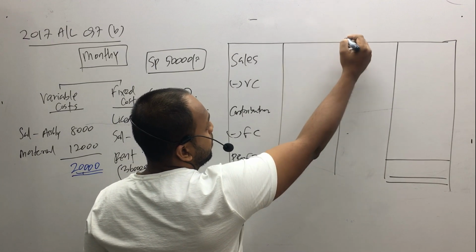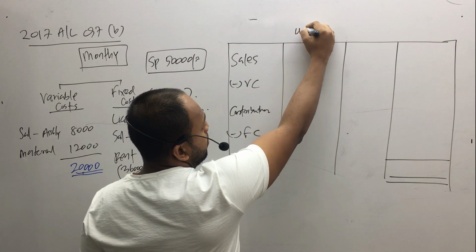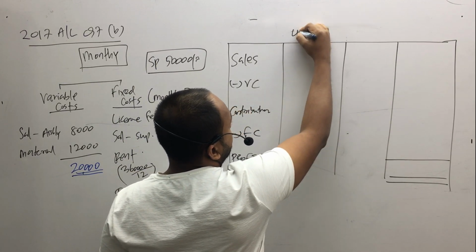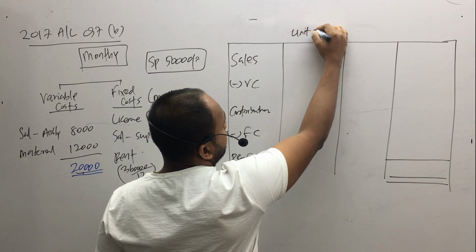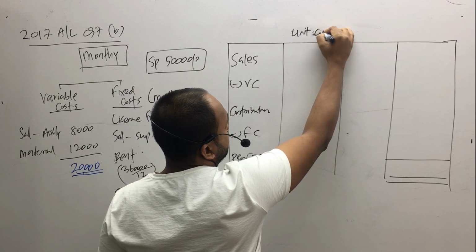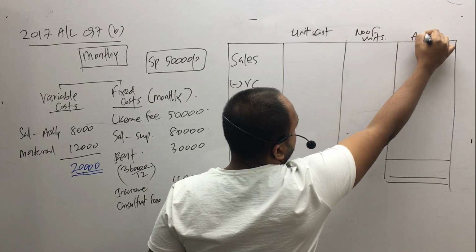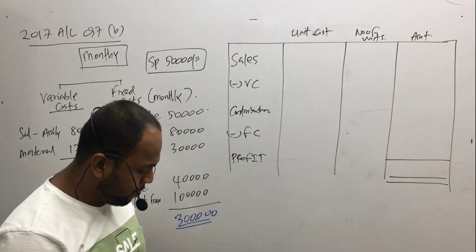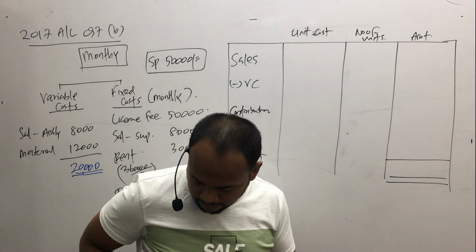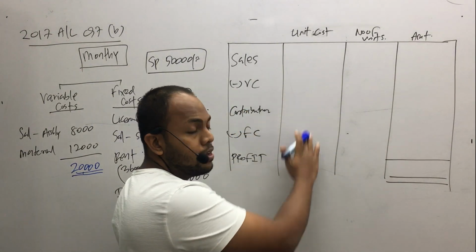Here I'll divide this into three columns: unit price or unit cost, number of units, and the total amount. Whatever information is available, and whatever calculations we do, we can record in the statement.